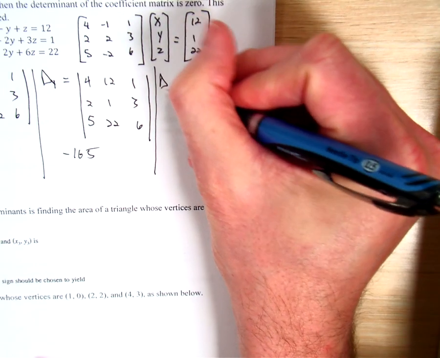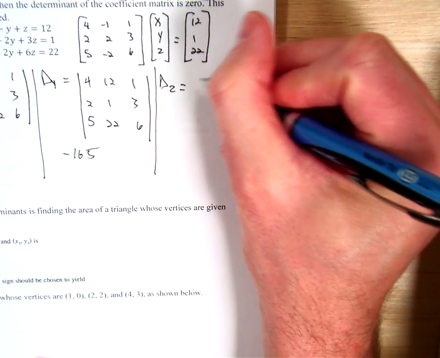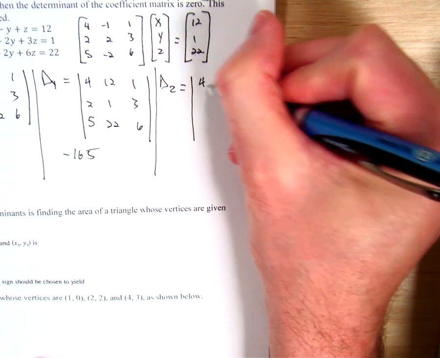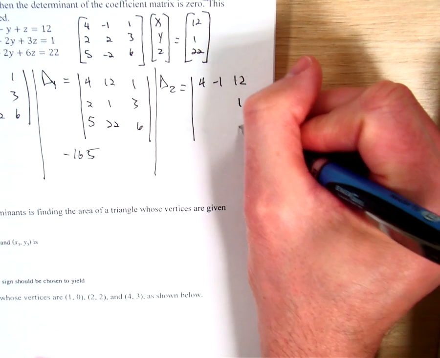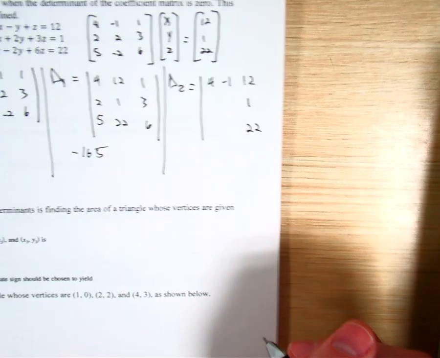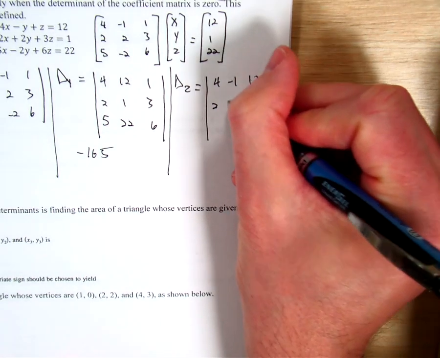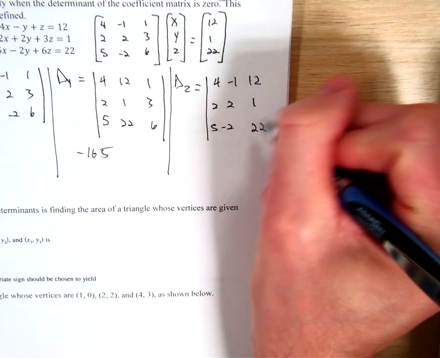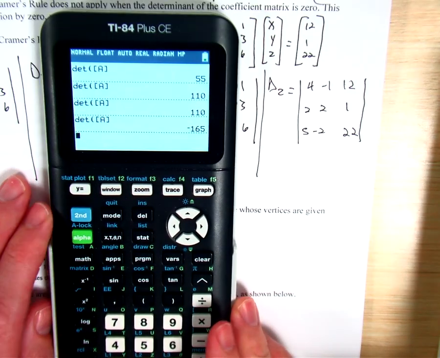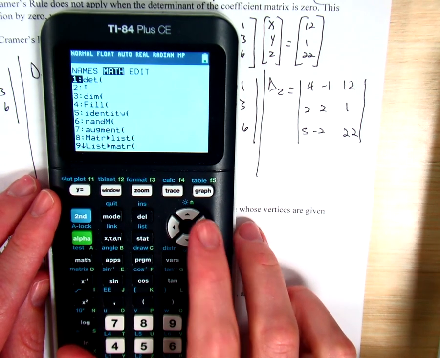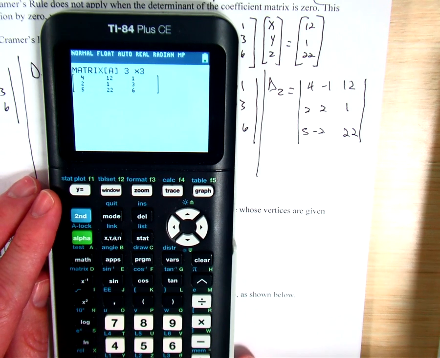And then dz. 4, negative 1, 12. Answer column there. We'll just fill in the rest of those before I make a mistake. 2, 2, 5, negative 2. Second matrix, edit. 3 by 3.